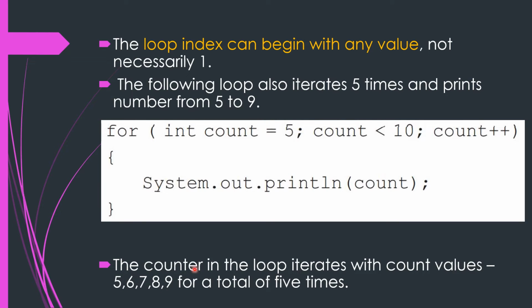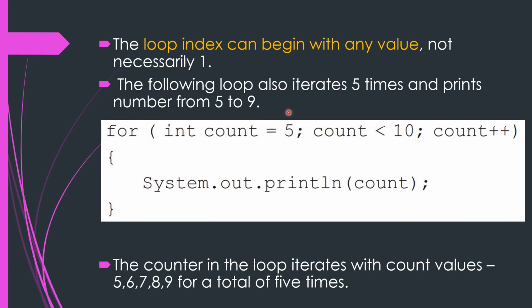The counter in the loop iterates with the count values 5, 6, 7, 8, 9 for a total of 5 times. Since here the condition is count less than 10, we want the number to be less than 10, not even equal to 10. So for this purpose, we have taken 5, 6, 7, 8, 9.